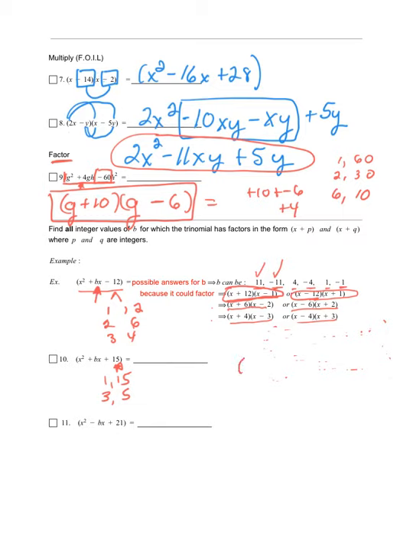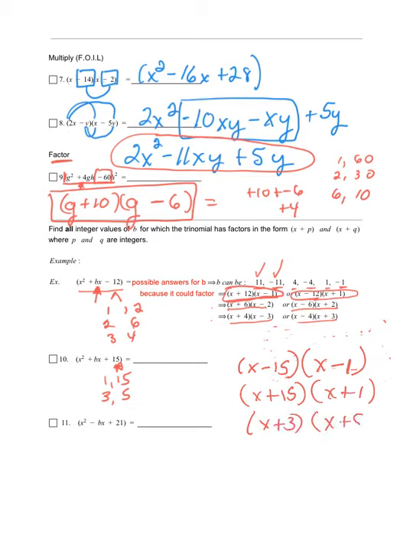So I can have x minus 15, because I have to get x minus 1. I can have x plus 15 and x plus 1. I can use the 3 and 5, x plus 3, and x plus 5, and then x minus 3, and x minus 5.